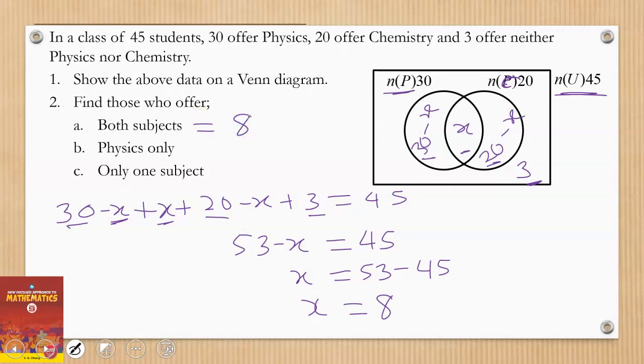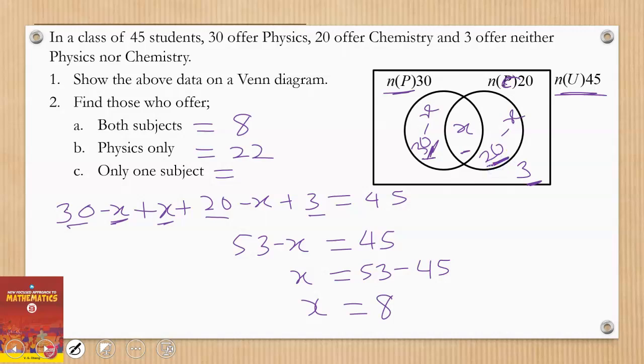Now, those who did only physics: we know that physics is 30. So if I subtract 8 from 30, that is going to give me 22. So only 22 students offered physics only. Then we said only one subject. Before we can know only one subject, we need to know those who did only chemistry.